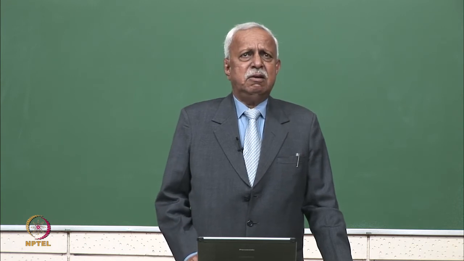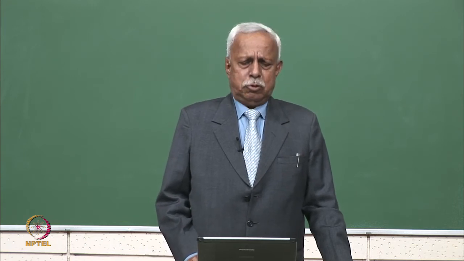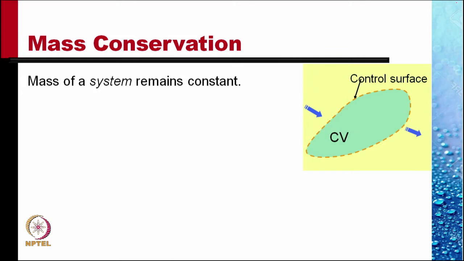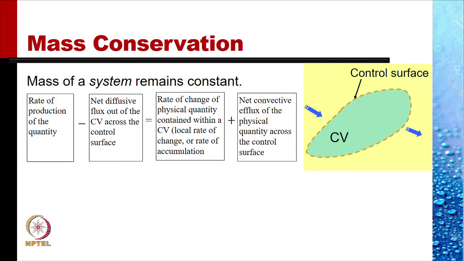And for this, we use the Reynolds transport theorem. We have a control volume CV with a control surface. The mass can enter and cross the control surface.